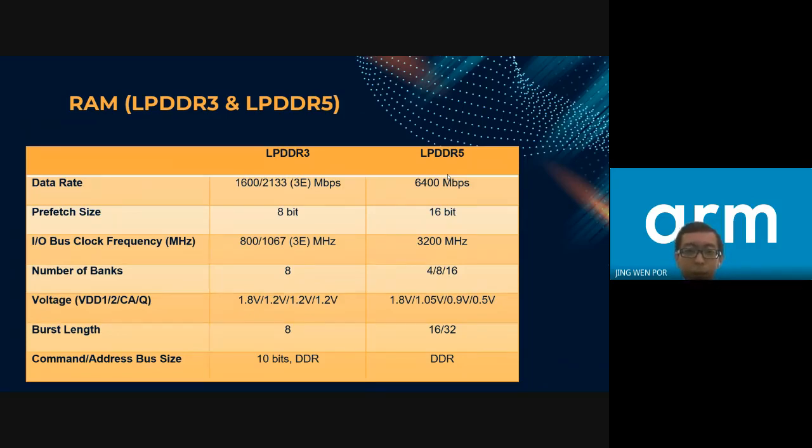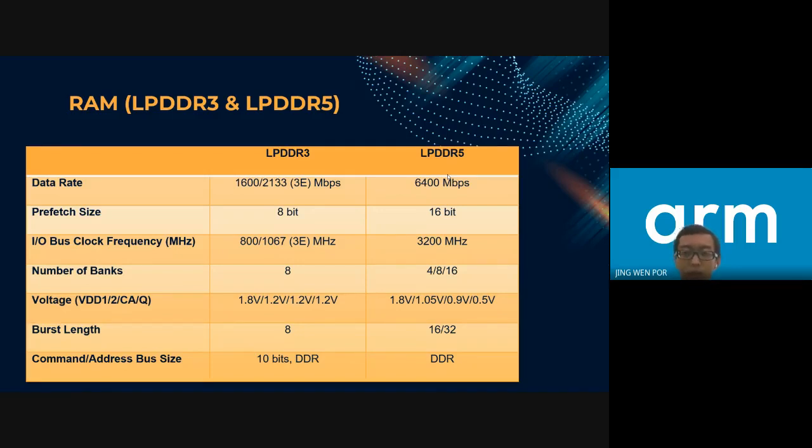So the LPDDR RAM means low power double data rate synchronous dynamic random access memory, while the LP stands for low power consumption compared to its counterparts. This type of RAM is more suitable for mobile and automotive applications that require high performance with low consumption.